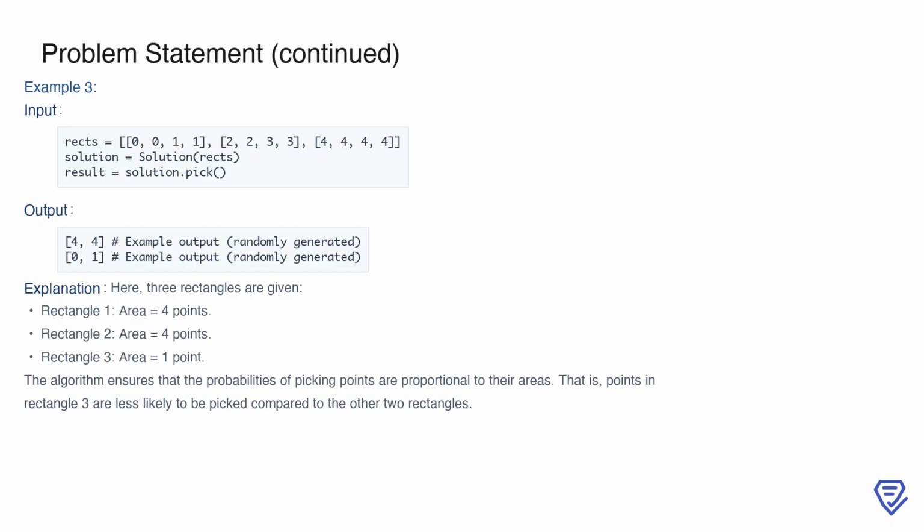When the pick method is called, the algorithm might produce outputs like 4, 4, or 0, 1. However, because the third rectangle is much smaller, the probability of selecting its single point is lower compared to points in the first two rectangles. This ensures that the selection process remains proportional to the areas of the rectangles.